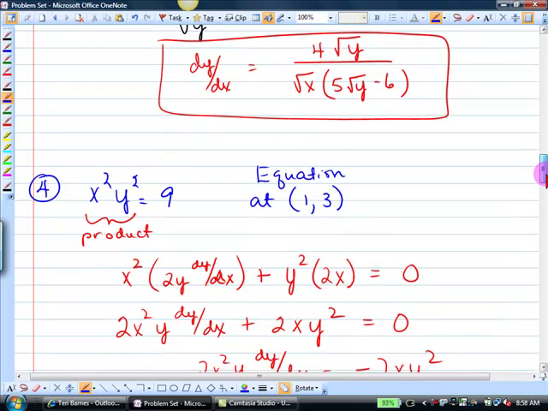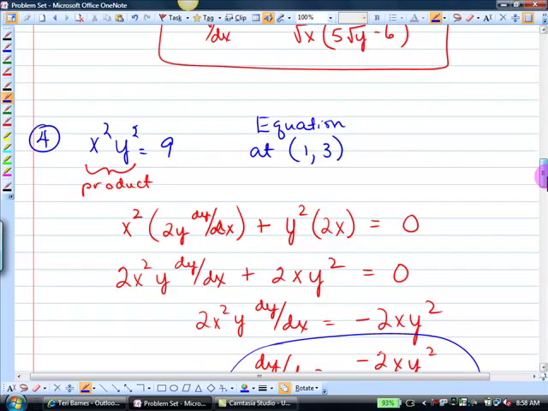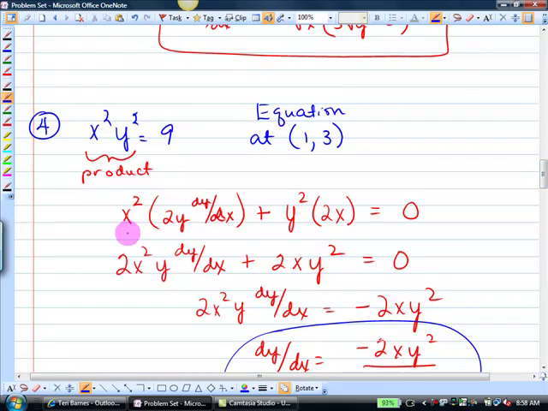So let's go ahead and take the derivative of this guy. X squared times the derivative of y squared, plus y squared times the derivative of x squared.